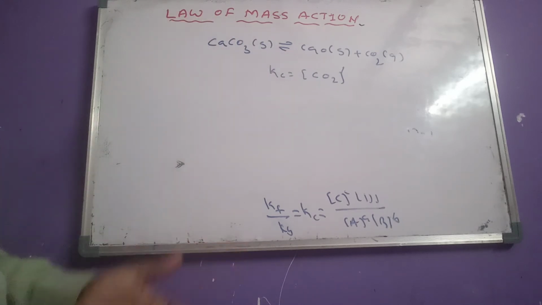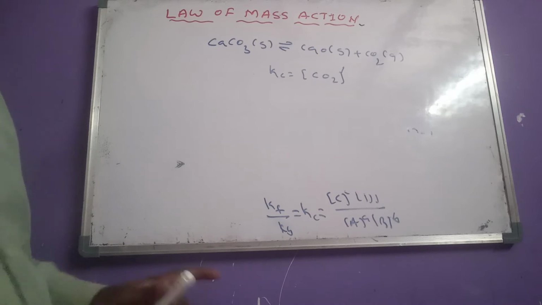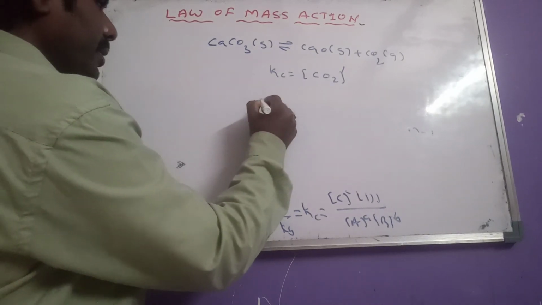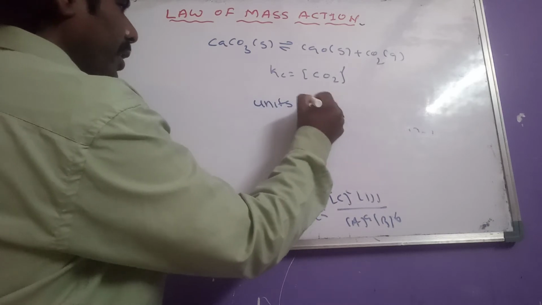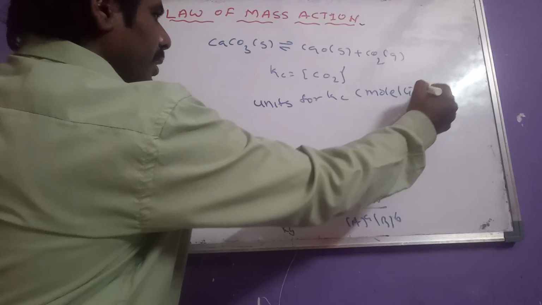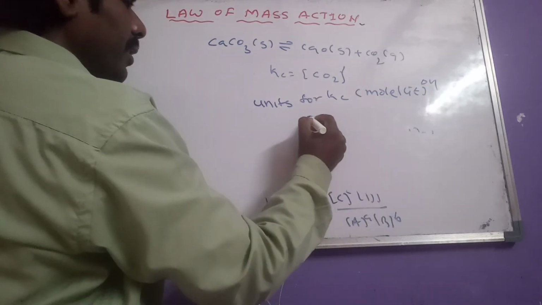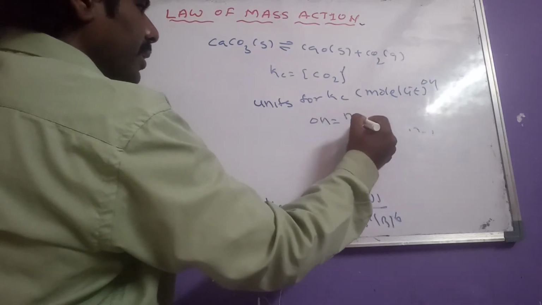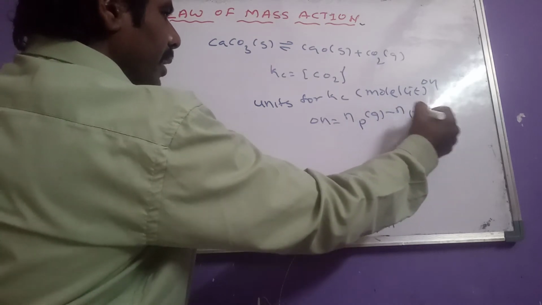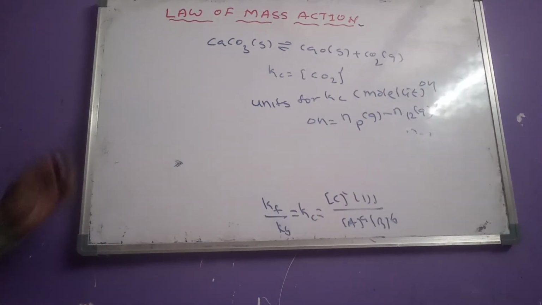Now let us go to the units of Kc. The units of Kc are (mole per liter) to the power delta n, where delta n is the number of gaseous products minus the number of gaseous reactants.